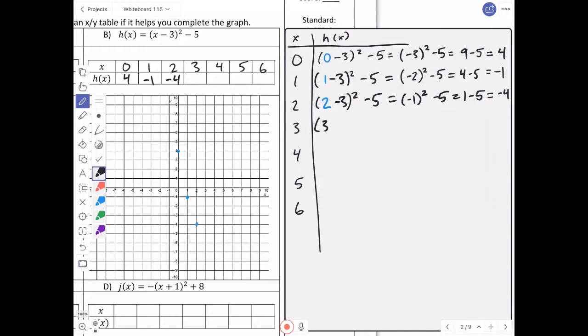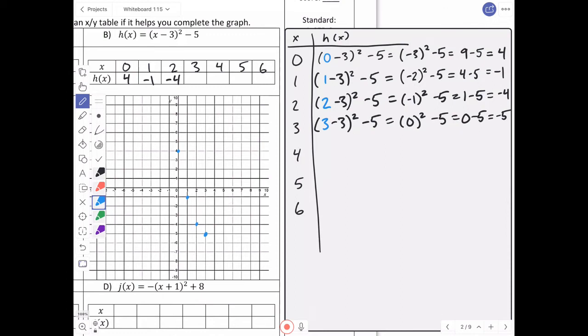And 3 minus 3 squared minus 5 is 0 squared minus 5, which is 0 minus 5, which is negative 5.